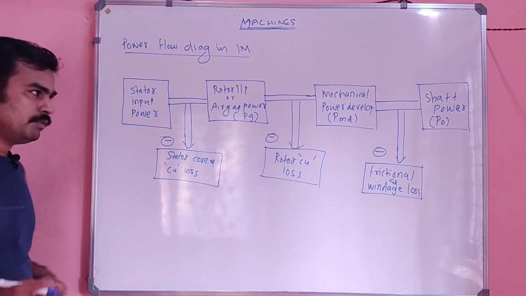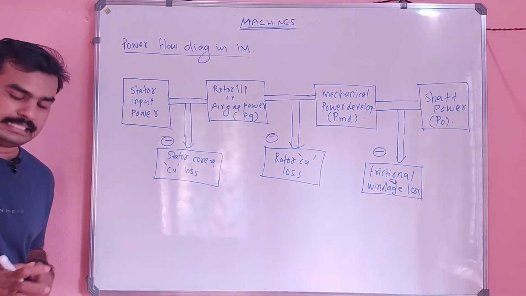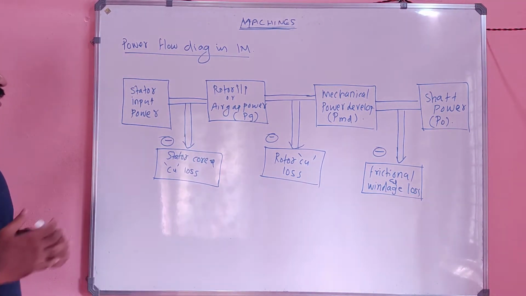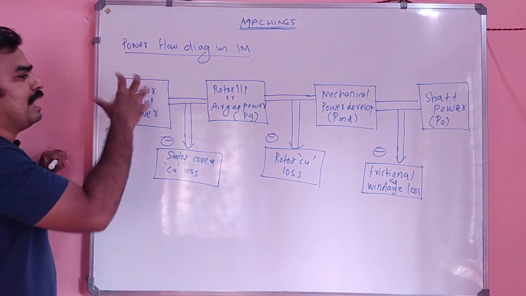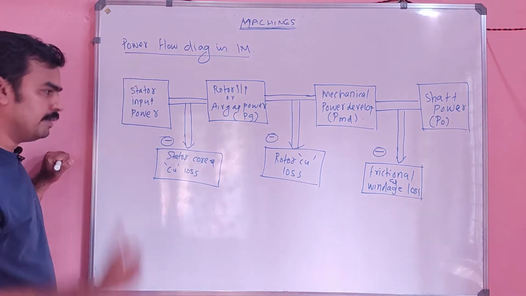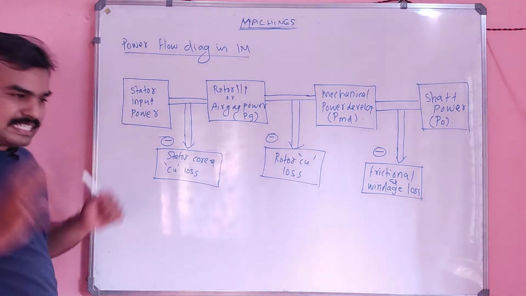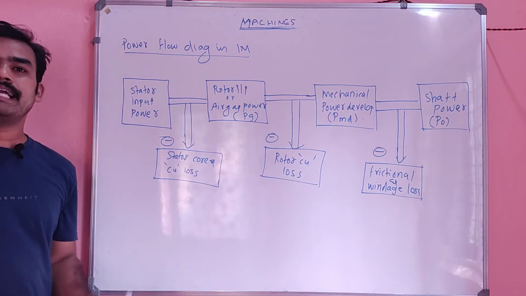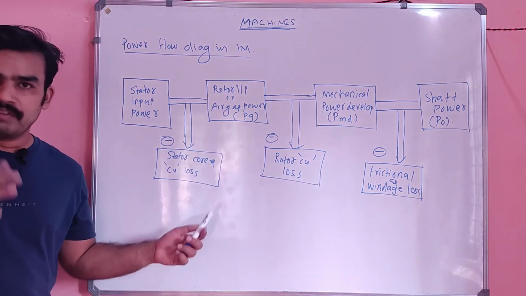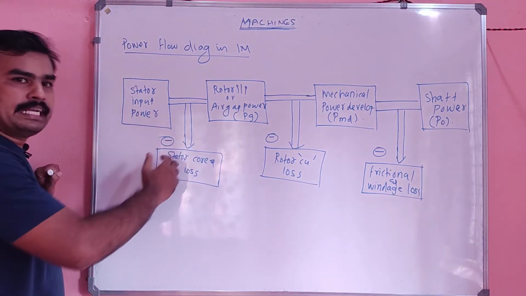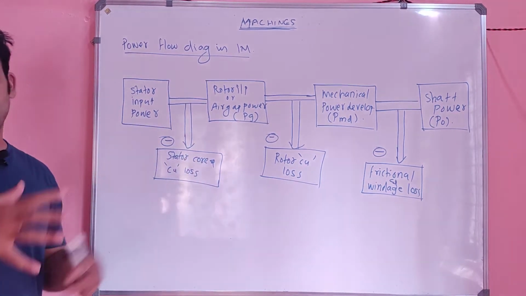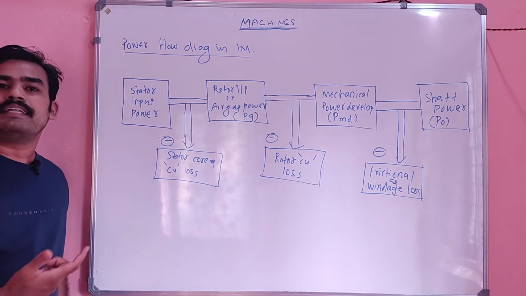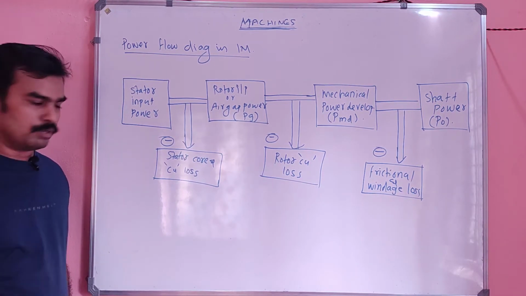So this is the power flow diagram of a 3-phase induction motor, or simply induction machine. I will explain. We have some stator input power in our hand, right? We are giving it to the stator 3-phase winding. The stator is made up of laminations and there will be some windings, so in the stator there will be stator core and copper losses. The stator core loss will be there, plus due to the stator winding resistance there will be some stator copper losses.